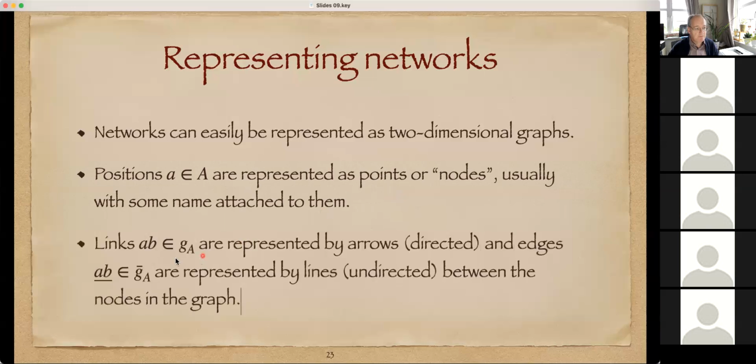And then what is a link? A link is A to B. A is now a blob. B is a blob. Represented as nodes, I can draw an arrow from A to B. And when I have an edge, I can just draw a line without an arrowhead, so to say.